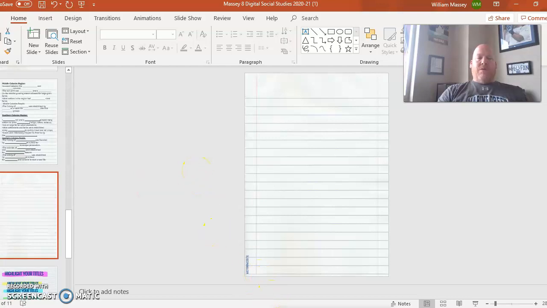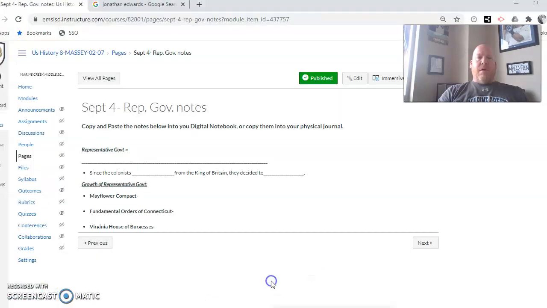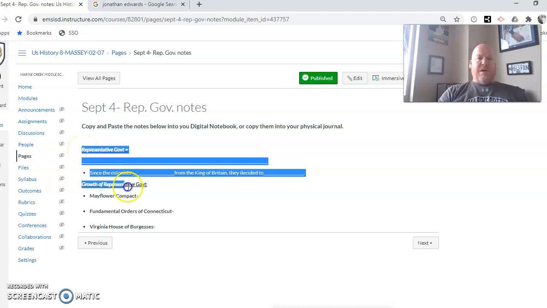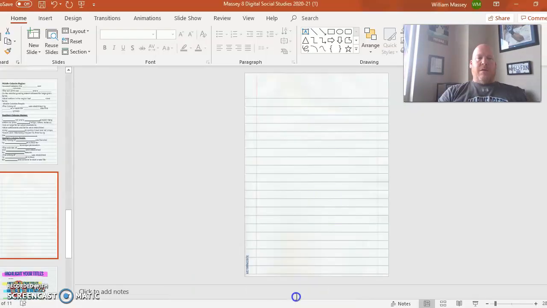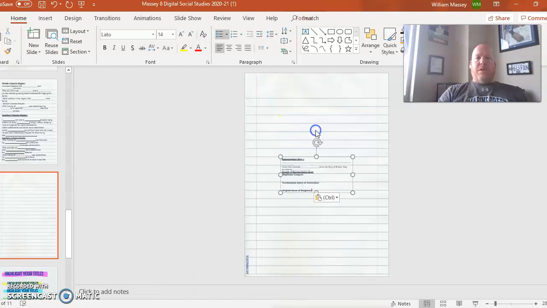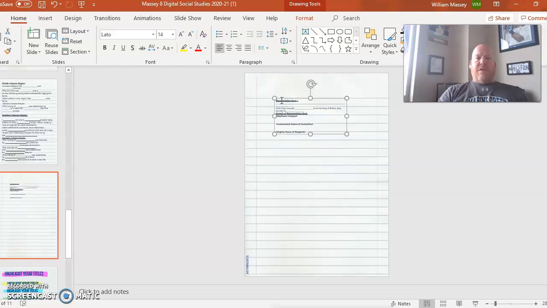Let's get back into our Canvas page and copy and paste the notes for today. We're going to hit it right here, copy those, go back to our notebook, and put them in here. Let's blow these up.